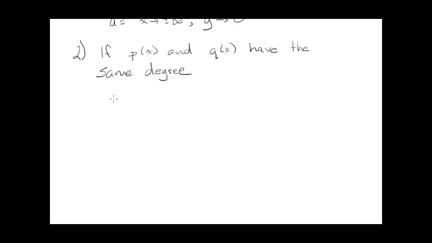The second case is if p at x and q at x have the same degree. In this case, I'm just going to keep things simple, and I'm going to go with a linear function over a linear function.